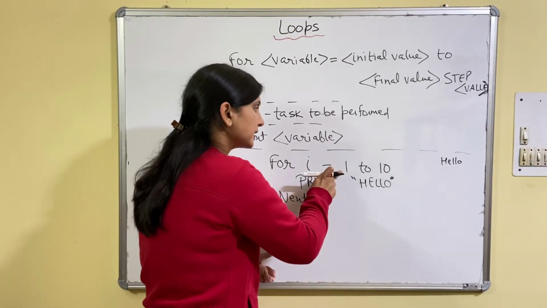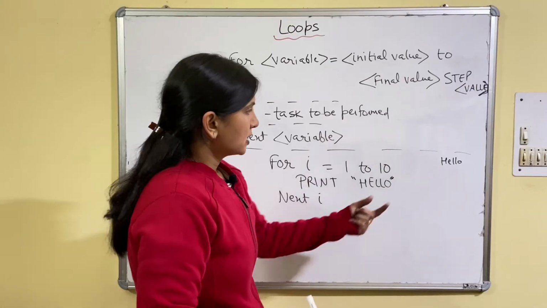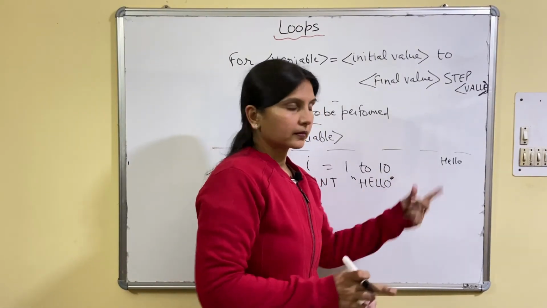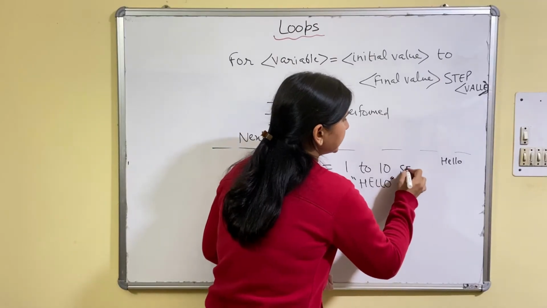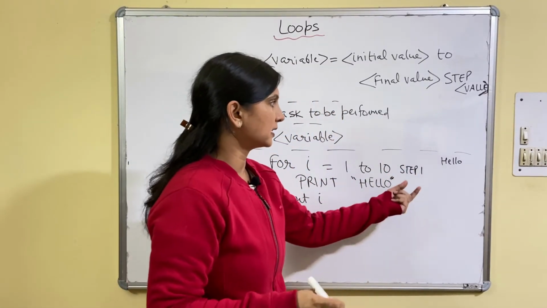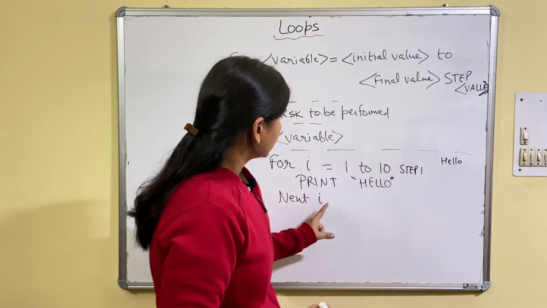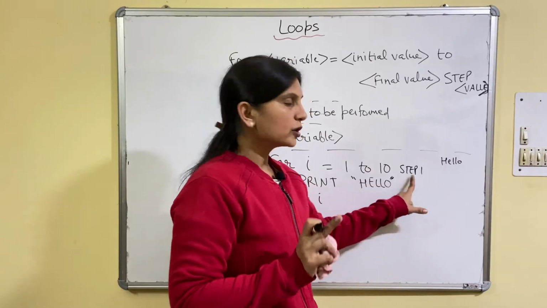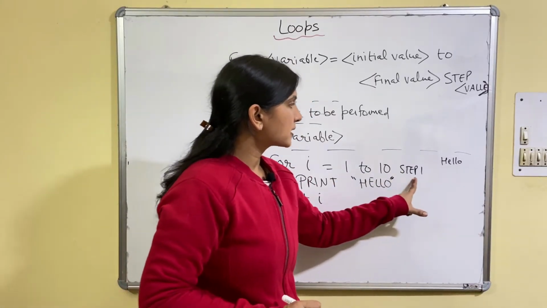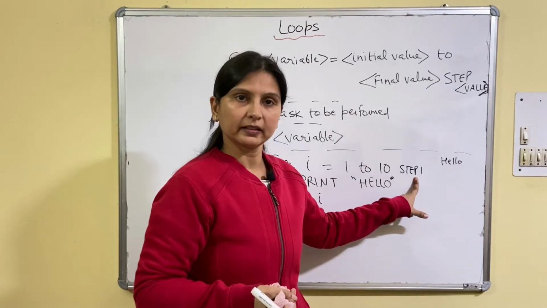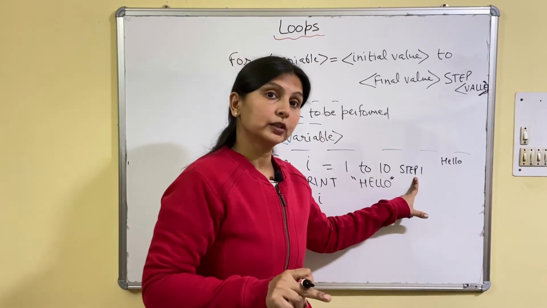So again it will come here. Step 1 is by default here. I am writing it for your understanding, otherwise you can remove it. So the control transfers here. I was initially 1. Now the function of step 1 is to increase the value of I by 1, so the value of I has become 2.